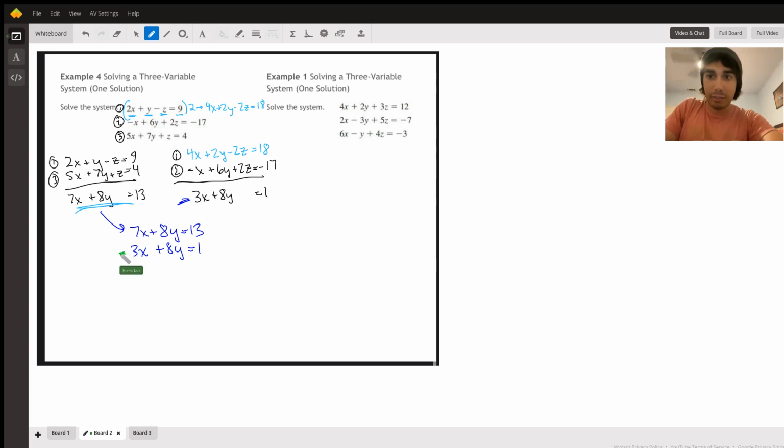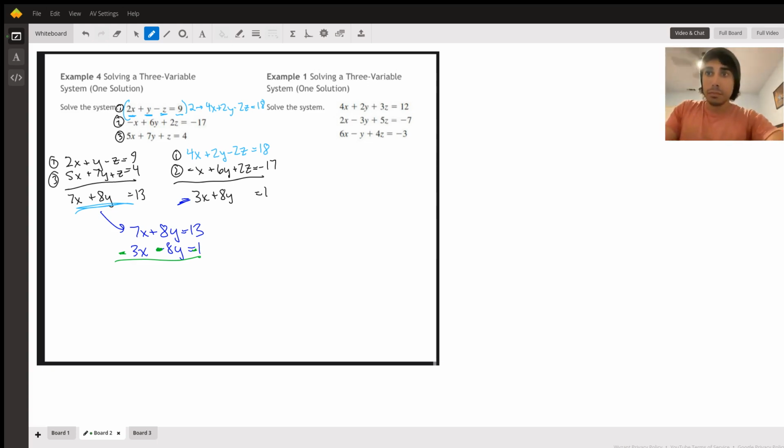This would become a -3x, the plus 8y is going to become a -8y, and the plus 1 is going to become a -1. Now we can add those together. It is always okay to multiply or divide by whatever you want, as long as you do it on both sides. That's how you can algebraically manipulate an equation to look like what you want it to look like. As long as you're doing it on both sides, the math will still work.